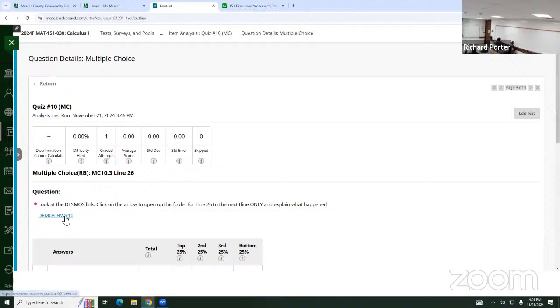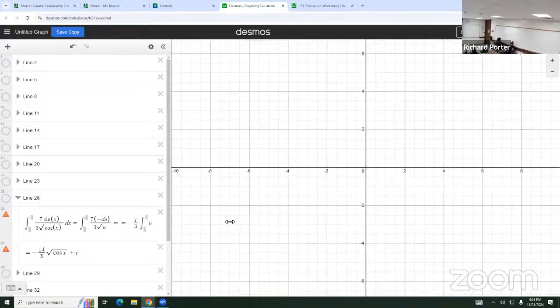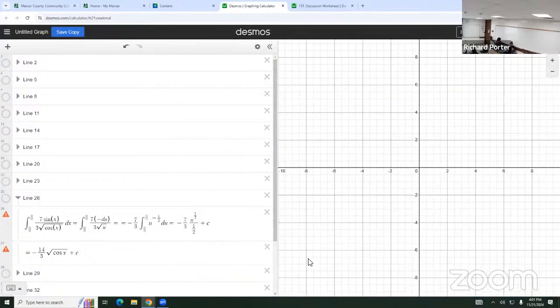All right, what about line 26? What's happening here? Looks like in line 26, they have all this work that they're doing. They did a substitution, right? They replaced all those x's with u's.